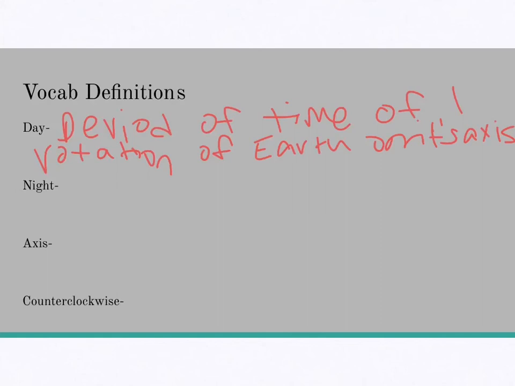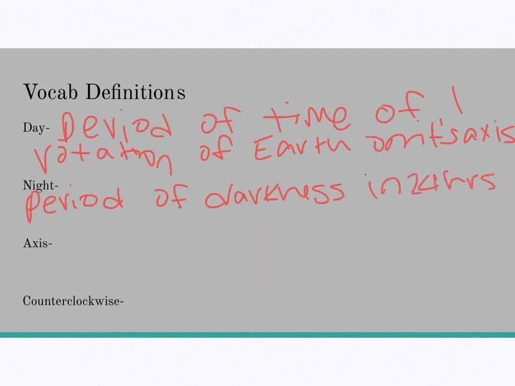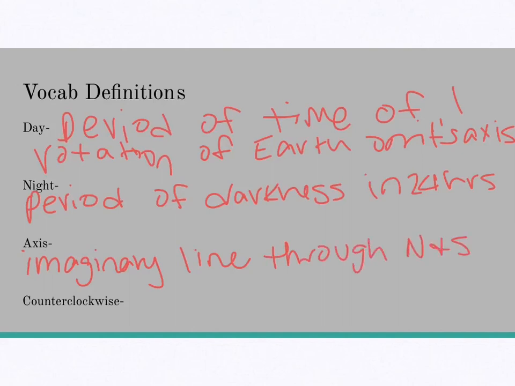We know night is a period of darkness in 24 hours. We know the axis is the imaginary line through the North and South Pole.